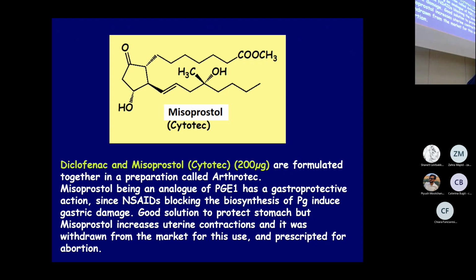How we can protect our stomach when we are taking this class of compounds? Some years ago, a company had a good strategy to use an anti-inflammatory compound in a safer condition.